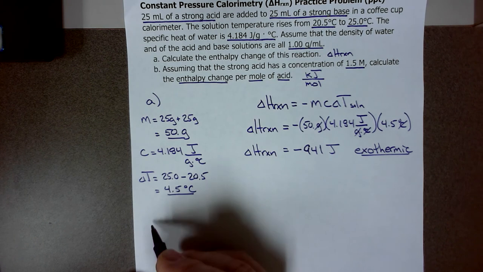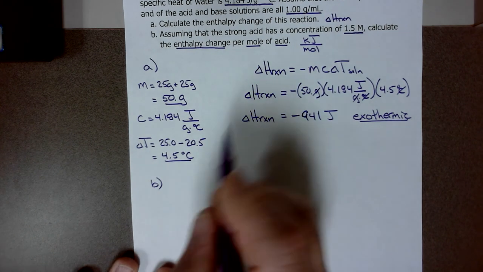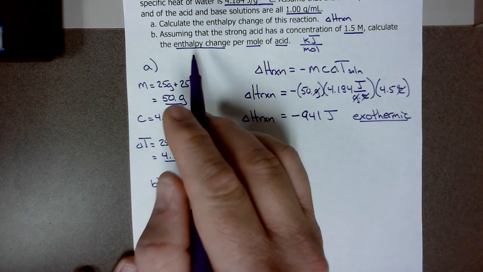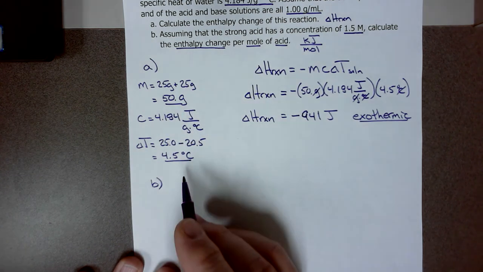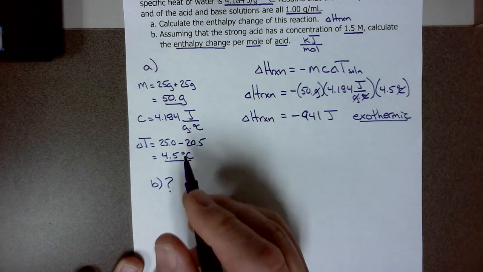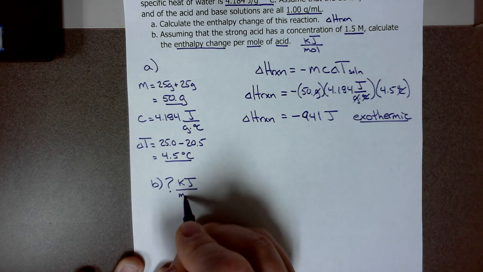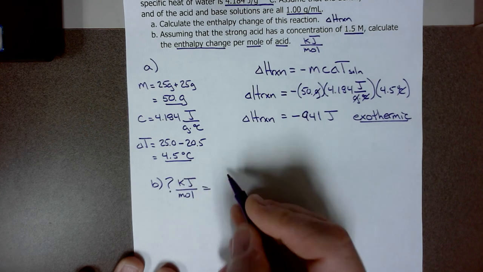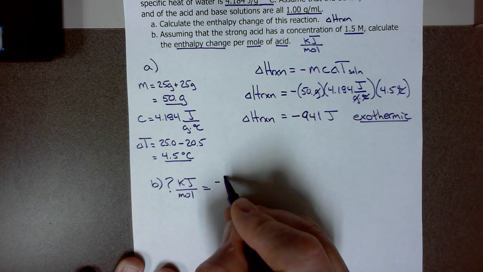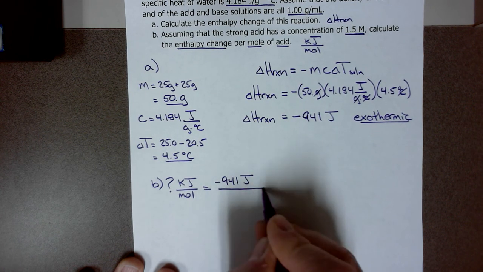But for B, we want to find out how much energy per mole. So I'm looking for kilojoules per mole, and we know that we have a negative 941 joules. I'm just going to convert that to kilojoules real quick.